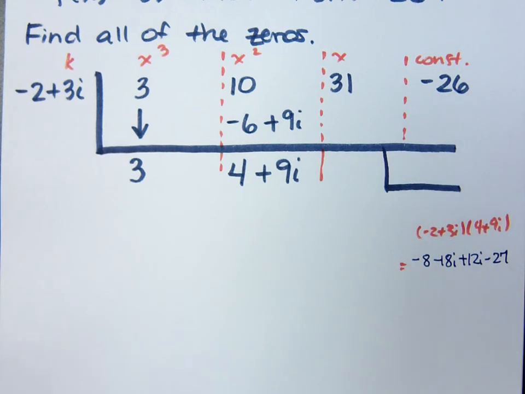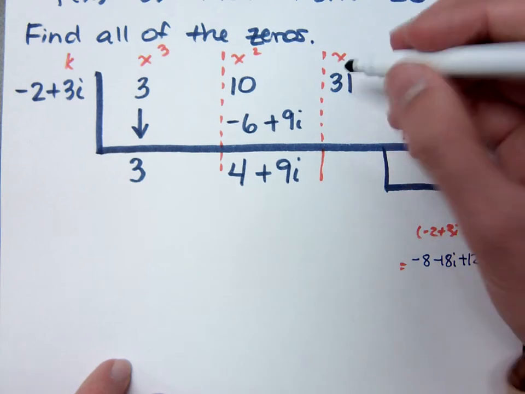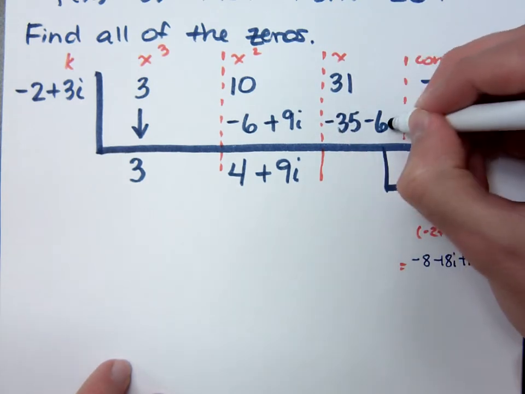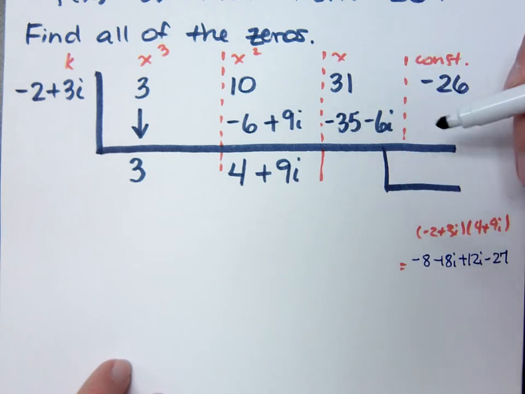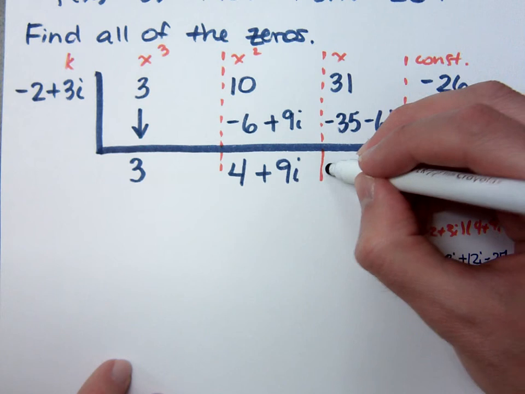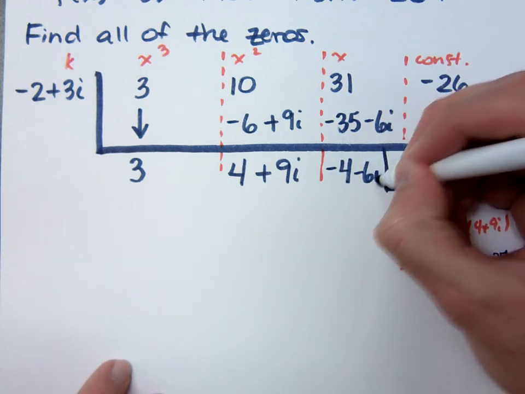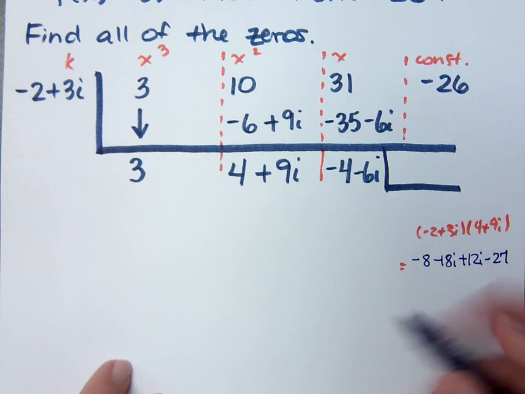So what is all of that? Negative 35 first, right? Negative 35 minus 6i. So add these and what do you get? Negative 4 minus 6i.